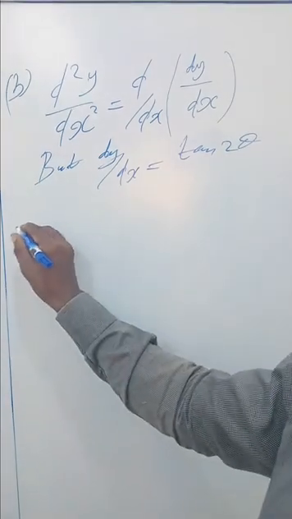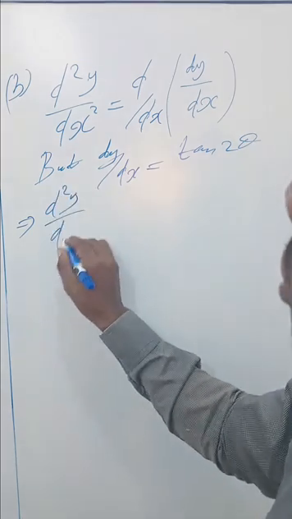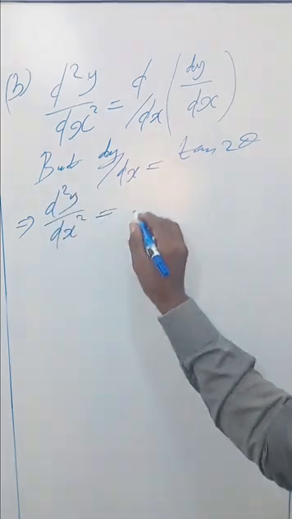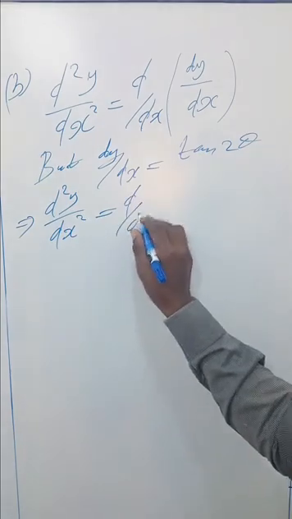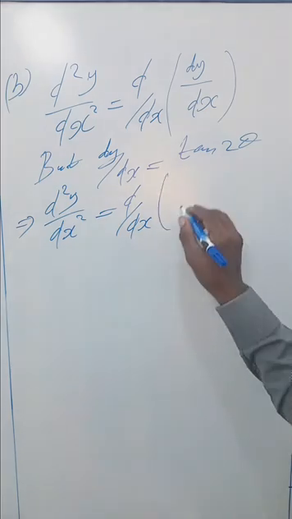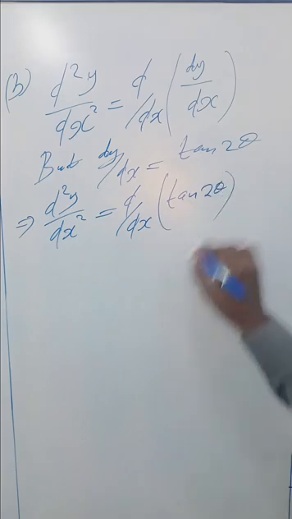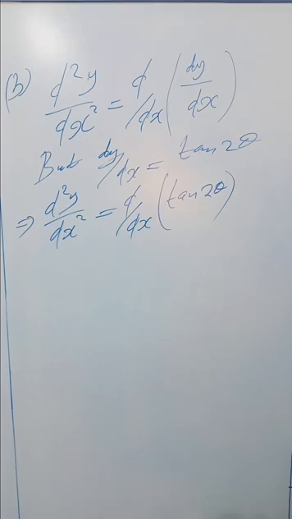So this implies that d squared y over dx squared will be equal to the derivative with respect to x of tan 2 theta.